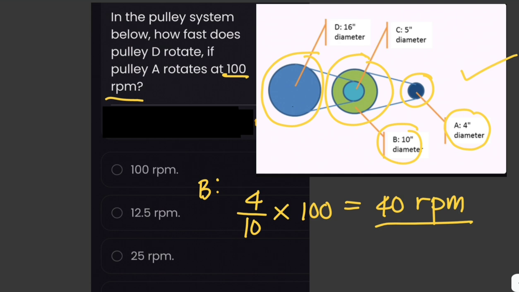So we can now finally solve for the rotation of pulley D.